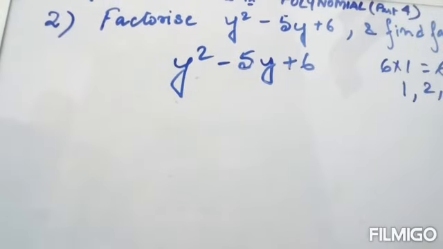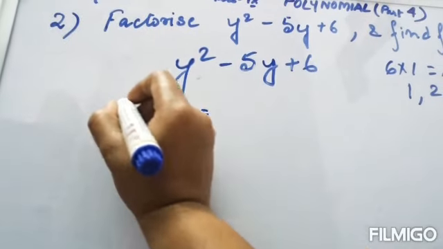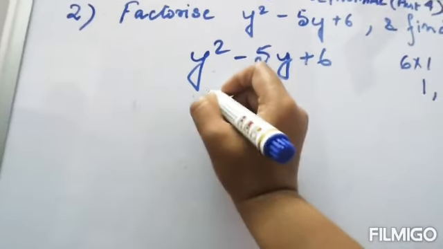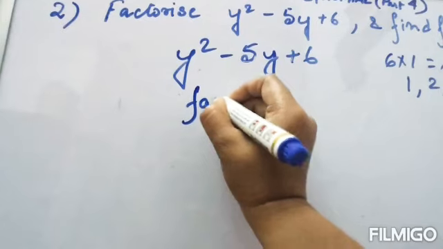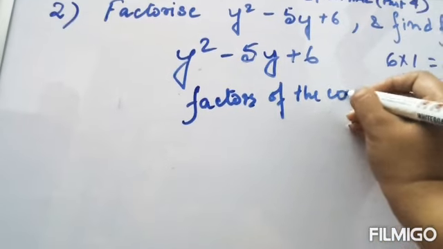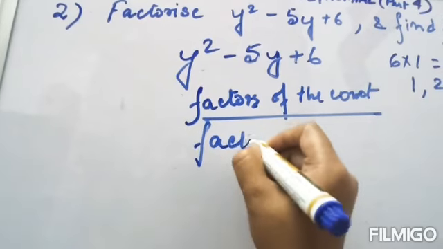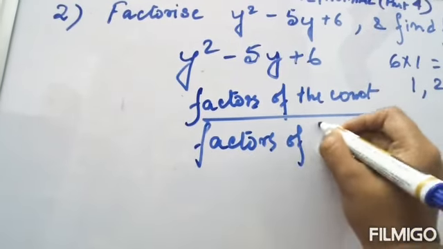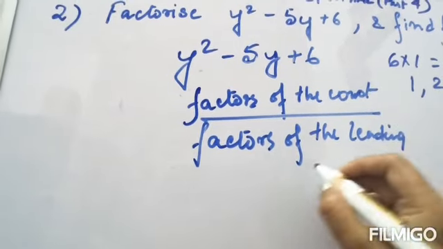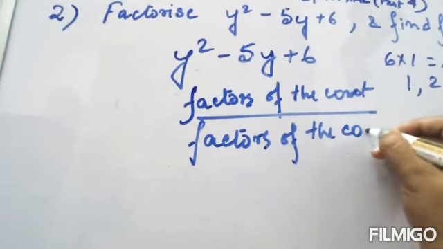We use the rational zero theorem, which is factors of the constant and factors of the leading term. Sorry, not the leading term, factors of the coefficient of the leading term.